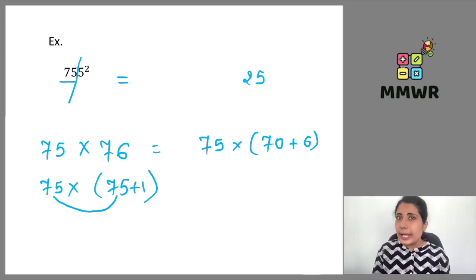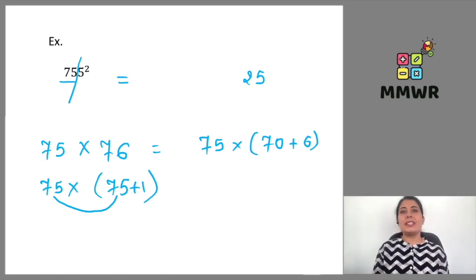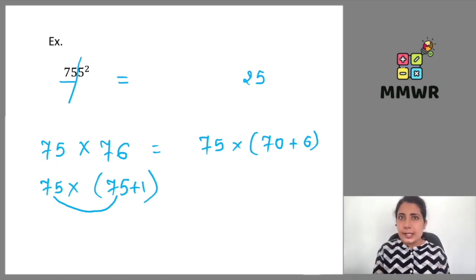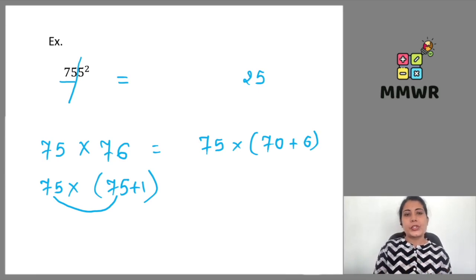We know how to apply distributive property. So 75 multiplied by 75, that means it is so easy. We just now found the square of a number which ends with 5. That is why we wrote it. So 75 multiplied by 75, that means the square of 75, which is 7 8s are 56 and 25 will be at the end. And 75 1s are 75.